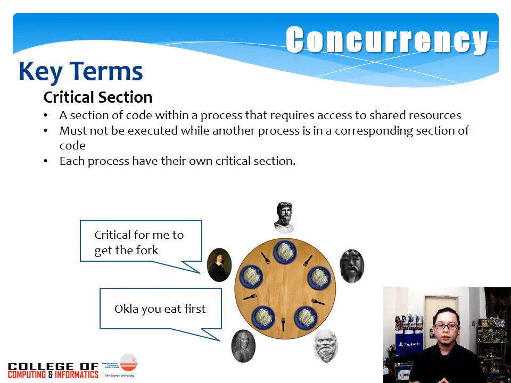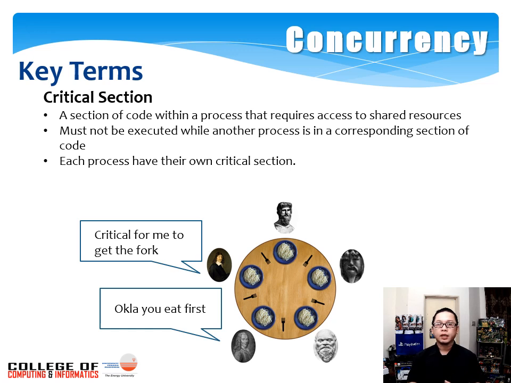Another important term in concurrency is the concept of critical section. So what is a critical section? It simply means that in the line of codes, there is a requirement for the use of important resources. It's basically telling the OS that during the execution, it needs this set of resources to finish certain instructions.